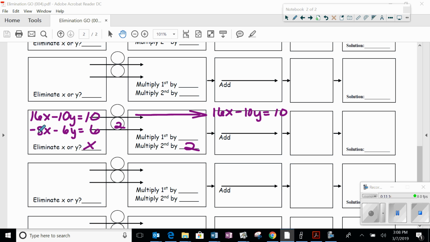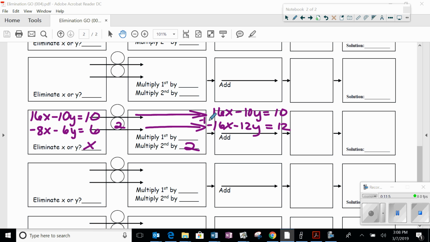So negative 8 times 2 is negative 16x. 2 times negative 6 is a negative 12y. And 6 times 2 equals 12. So we took the second equation and multiplied everything by 2, so that now I have opposite coefficients for my x variable.